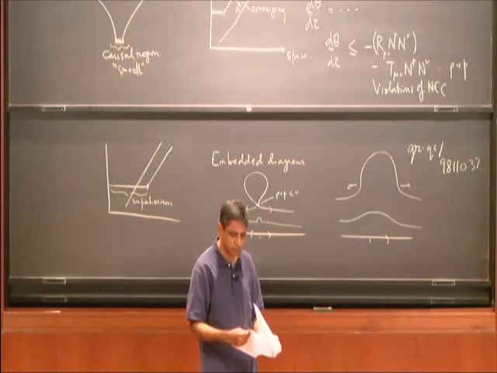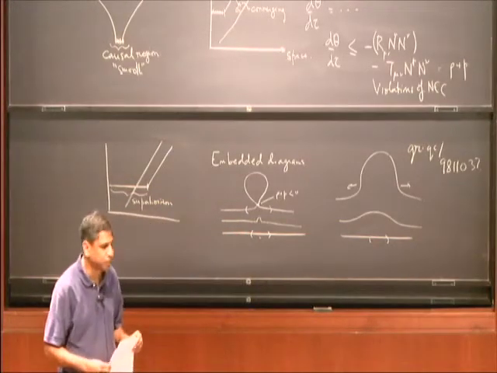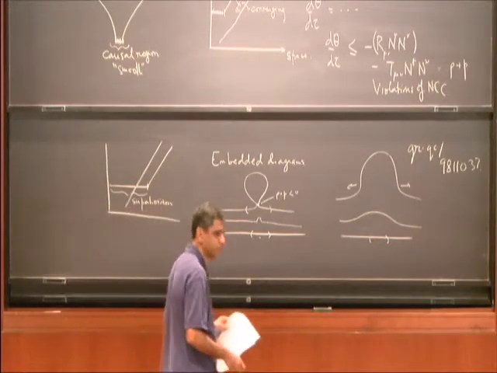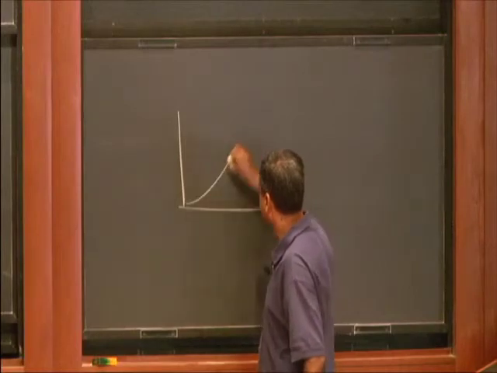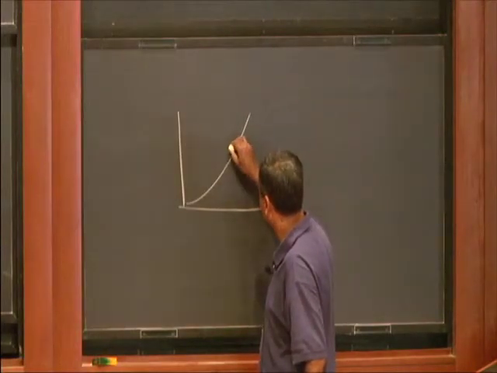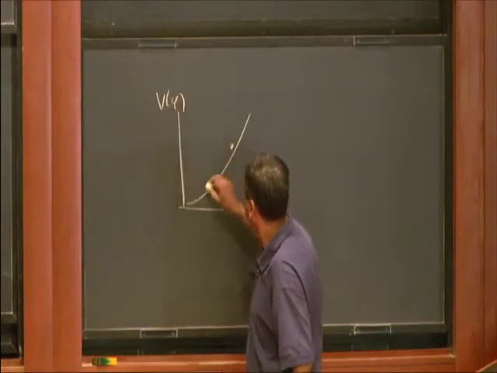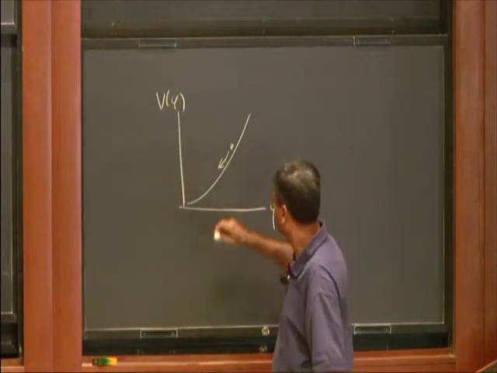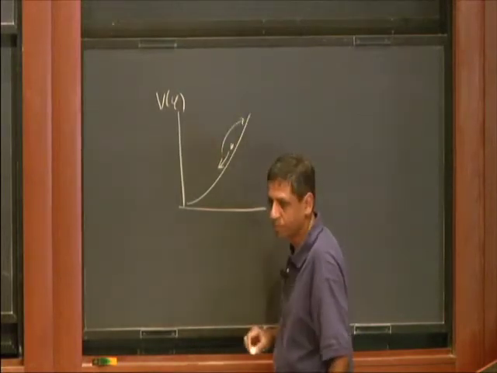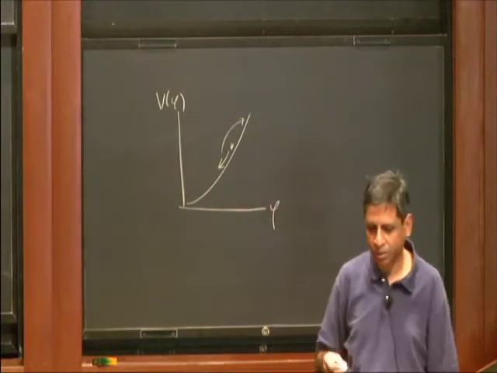These violations of NEC come up in many places, and they also come up in eternal inflation. So in eternal inflation, you have some potential. This is your phi, this is your V of phi, and the field is rolling down, but periodically it jumps up, and it jumps up by quantum effects, suppose.